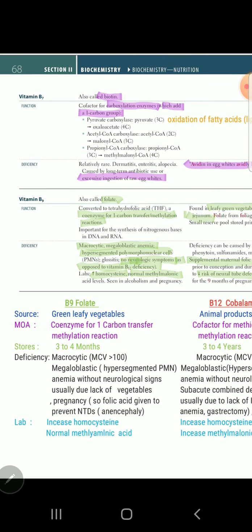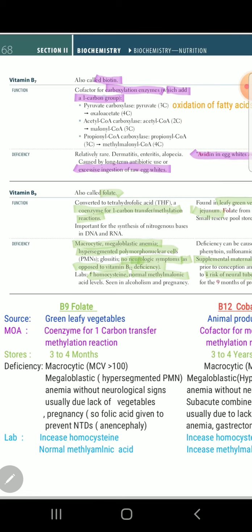B7 biotin, again a carboxylation enzyme, adds one carbon group. It should be compared with vitamin K, that is a fat soluble vitamin, that leads to gamma carboxylation. Here it adds carbon in the case of pyruvate carboxylase, acetyl CoA carboxylase, propionyl CoA.